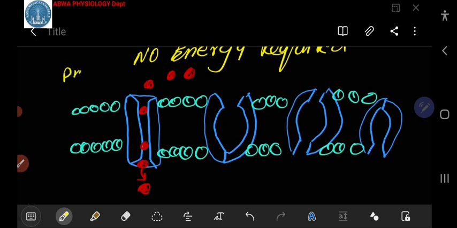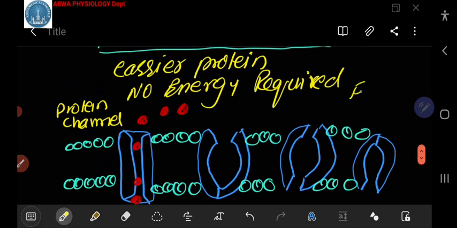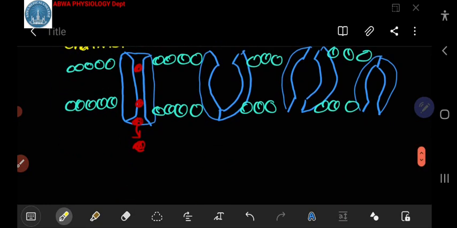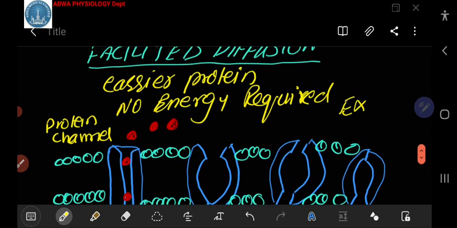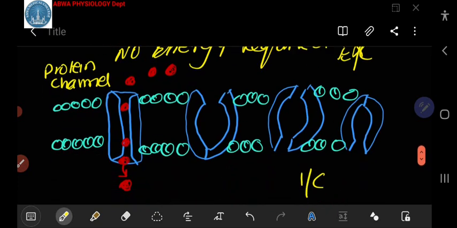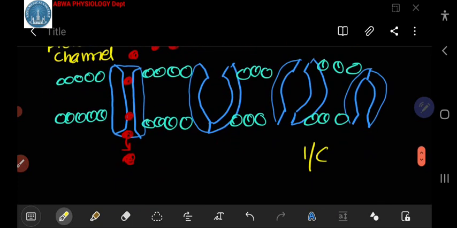This is a protein channel in which a molecule is moving across the cell membrane. Here is the extracellular side, and below it is the intracellular side.